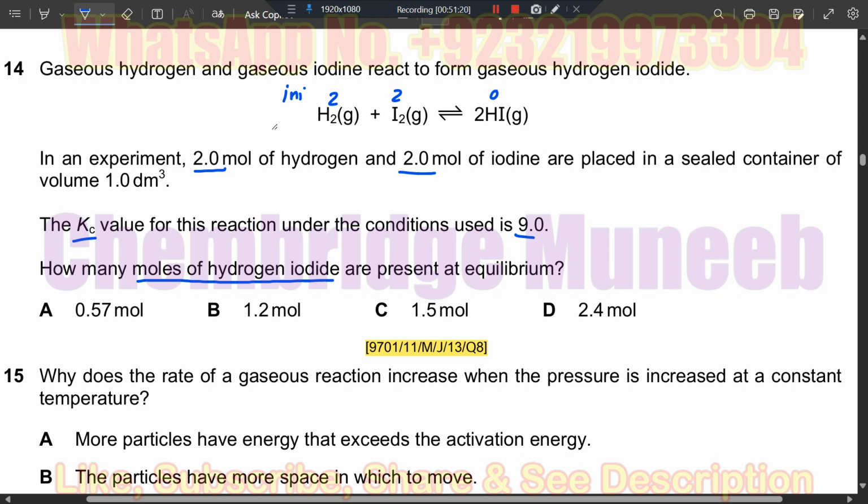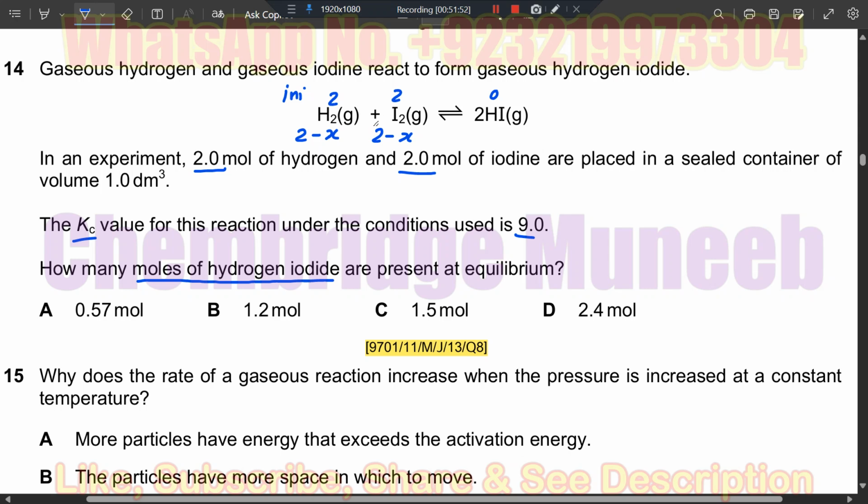Now when there was a change, we know that reactant moles should decrease and product moles should increase, which means the moles of hydrogen should decrease by x, so 2 minus x, as x amount of the hydrogen is used and x amount of the iodine is also used, which means the change should be 2 minus x for iodine as well.